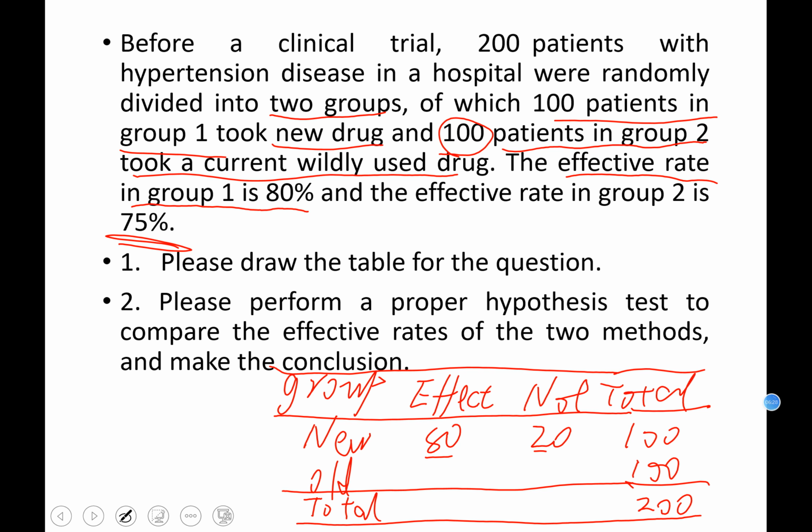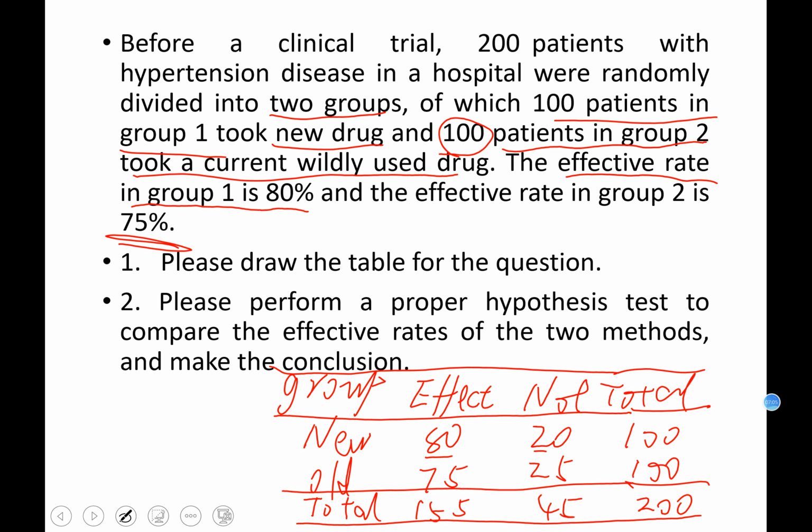That is, in the old group, 75 patients are cured and the other 25 patients are not cured. So we can calculate the column totals in this table, for example, 155 and 45. That means in this research, of all 200 patients, 155 patients are cured and 45 patients are not cured.